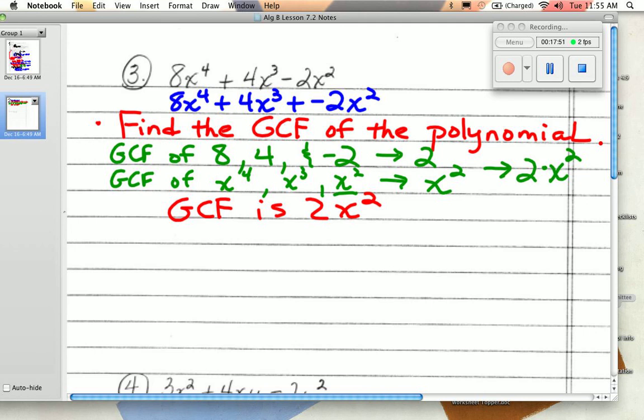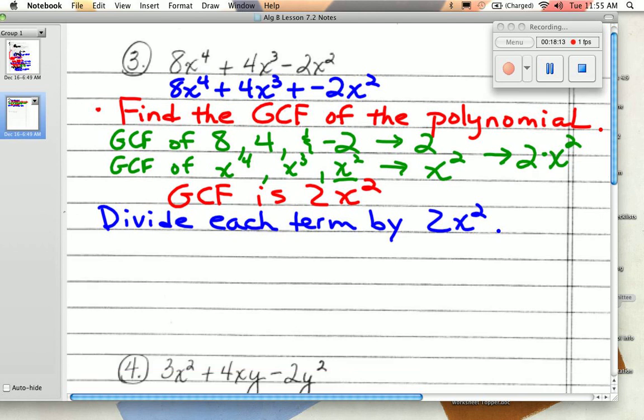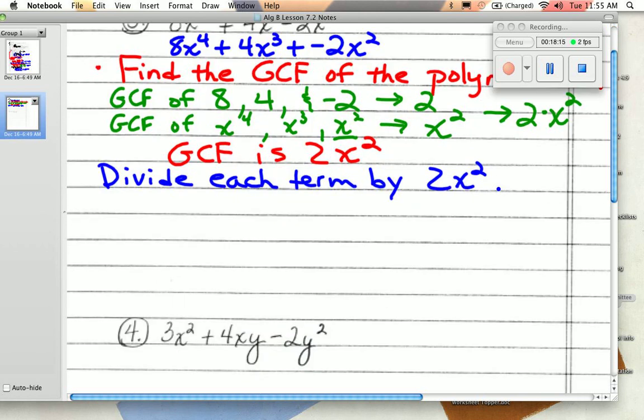But now we have to divide by that. So we're going to divide each term by 2x squared, because we need the result. The result is something we really didn't use yesterday. We just divided until we found the greatest common factor. Today we're dealing with the result too.